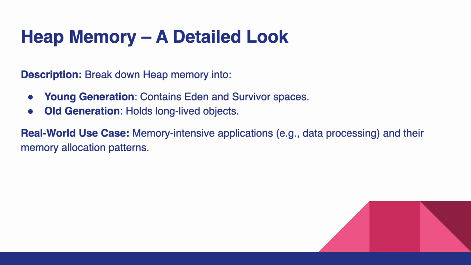The heap is where most of the memory action takes place. It's divided into two main sections, the young generation and the old generation. The young generation in turn contains the Eden and survivor spaces, where new objects are allocated. The old generation is reserved for objects that have lived long enough in memory to survive multiple garbage collection cycles.